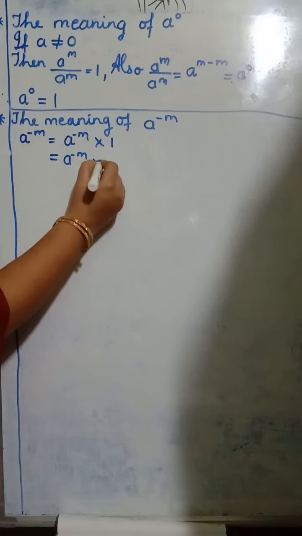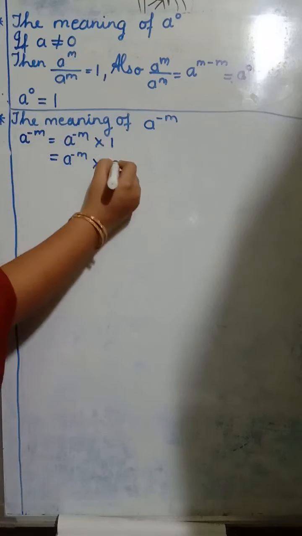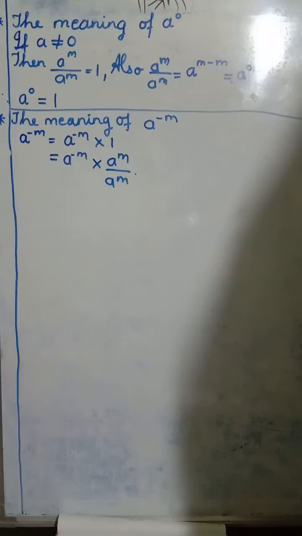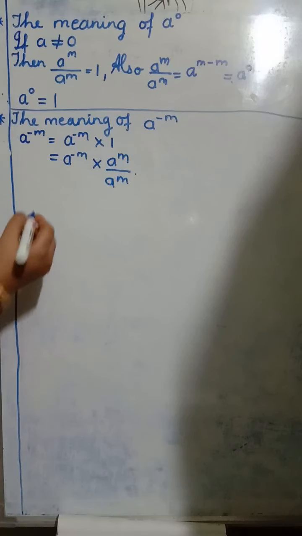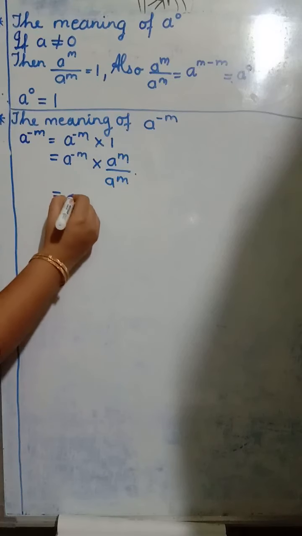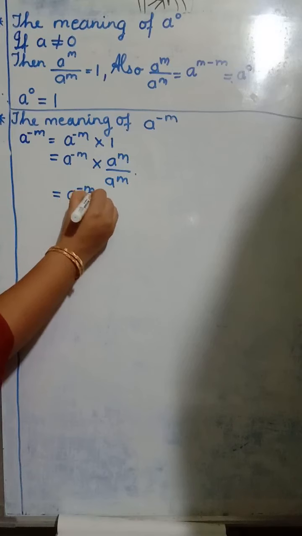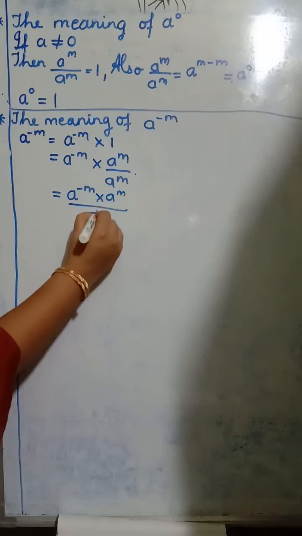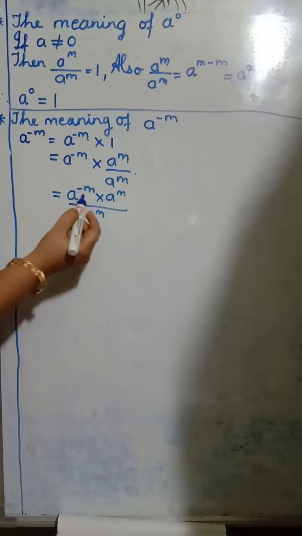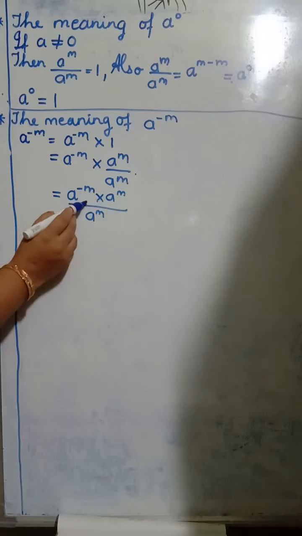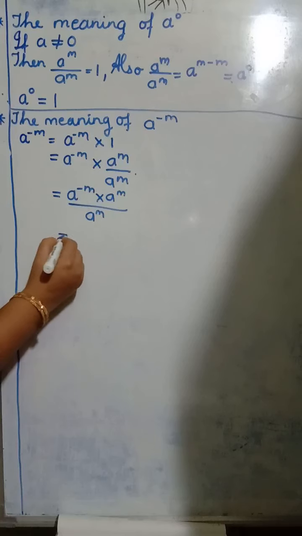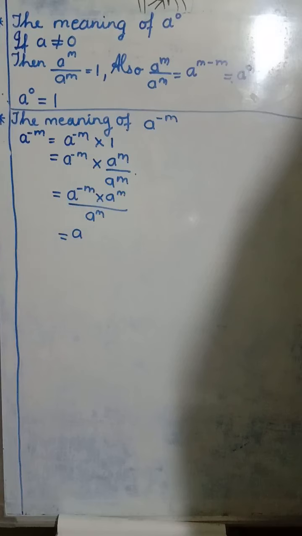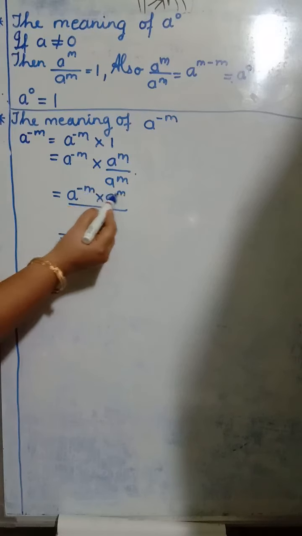Yes, I will write this multiplication. 1 is equal to a raised to m upon a raised to m. Is it? Now we will multiply numerator with numerator and denominator with denominator. That is a raised to minus m multiplied by a raised to m upon a raised to m. Now is this the multiplication formula of indices? So can we write this using the indices formula of multiplication? Are we adding the powers?